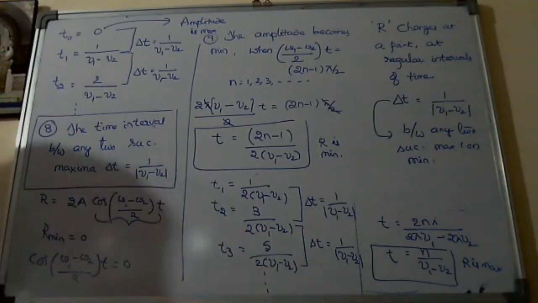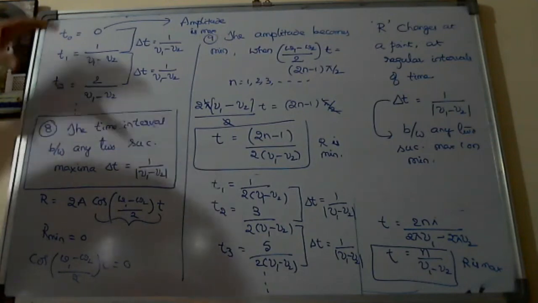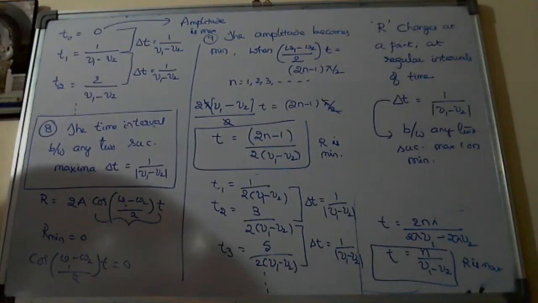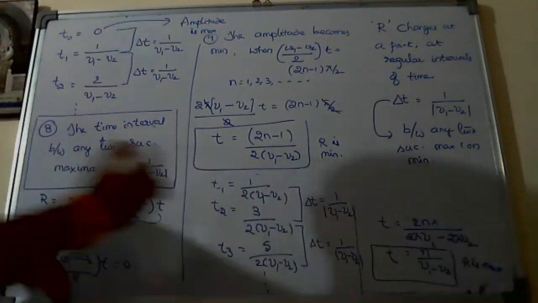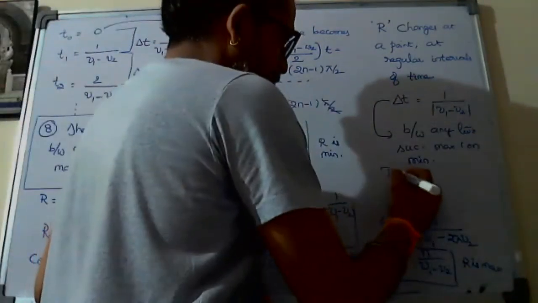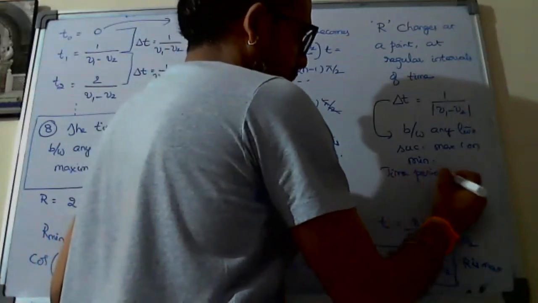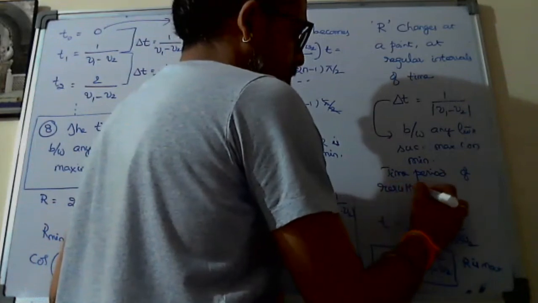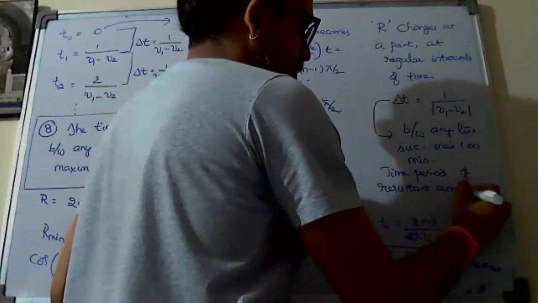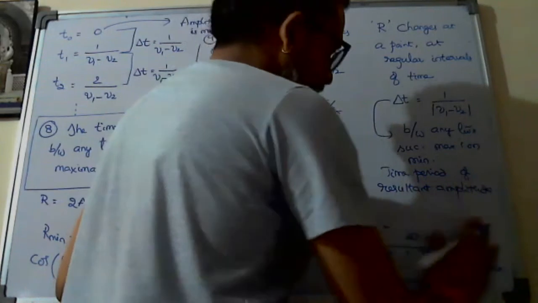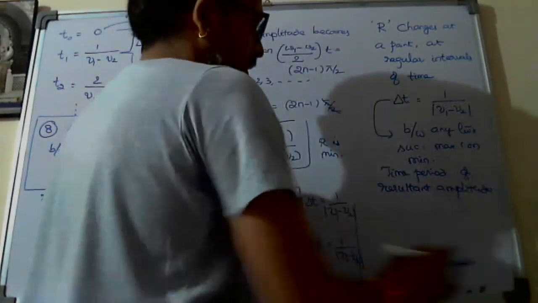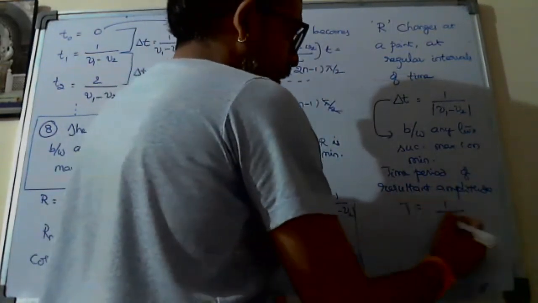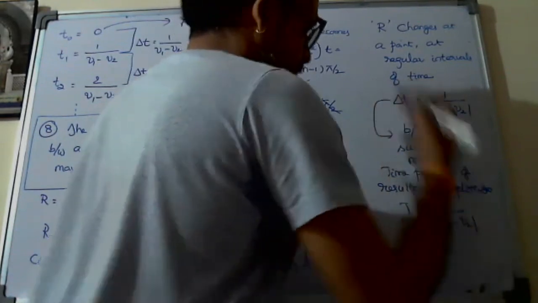So here the time period of the resultant amplitude is 1 by mu 1 minus mu 2.